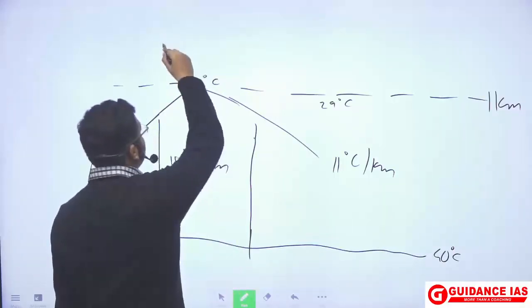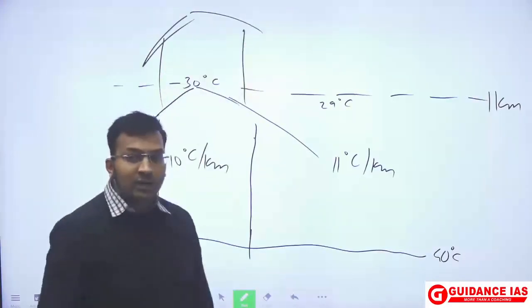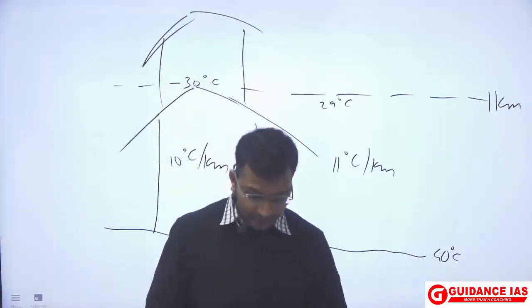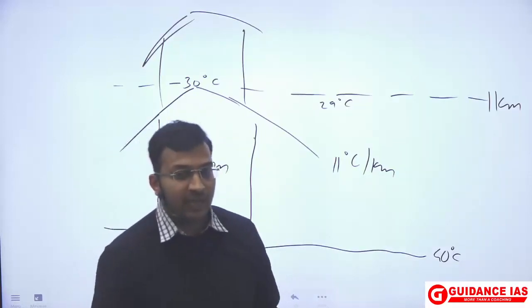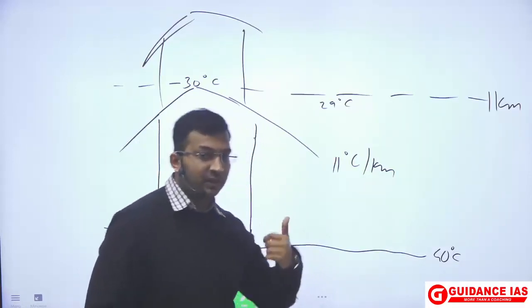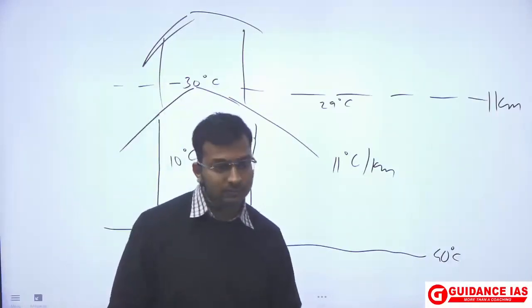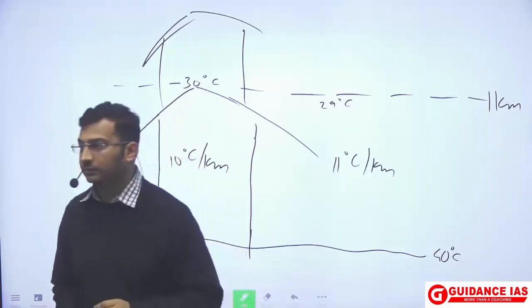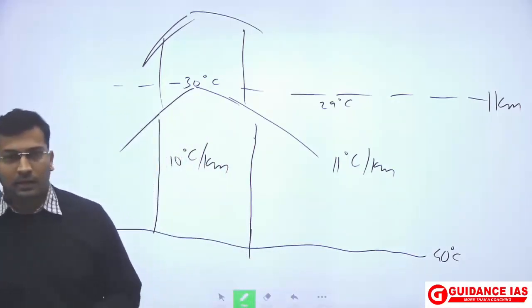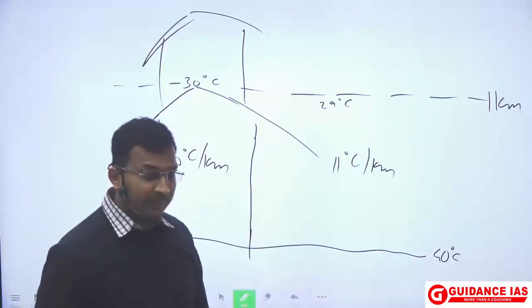It will again rise up to a certain height. Okay, so that's it regarding atmospheric stability and instability. If you have any doubts or queries, you may ask. It's fine. Anyone? So that's it about atmospheric stability and instability.